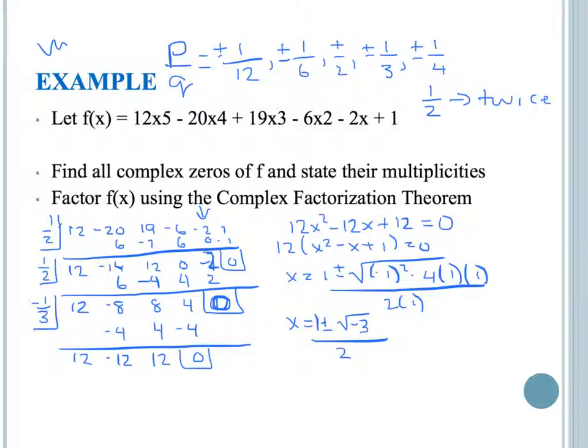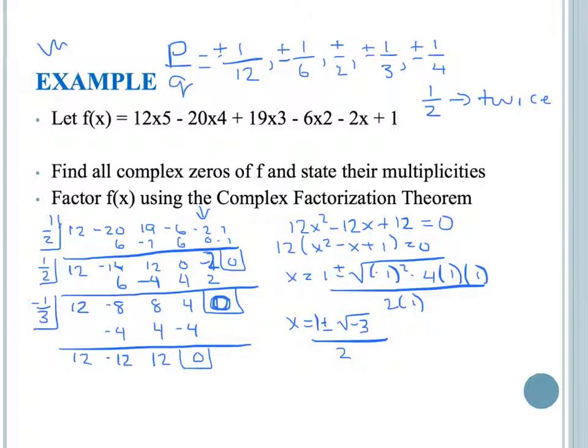And with having a square root of negative 3, that's telling me that I've got imaginary roots or complex roots. And that's part of the reason why they were not crossing the x-axis anywhere. So if I want to take all of my factors and write them out, this is going to be very interesting here.